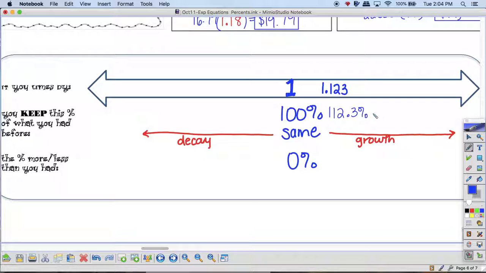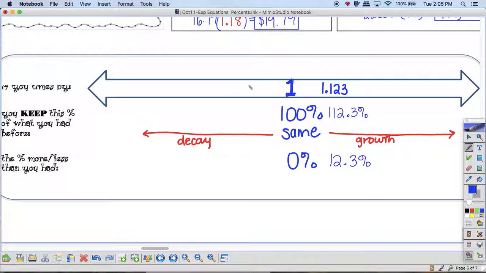How much extra do I have from 100%? I have 12.3% more than I had before. So multiplying by 1.123 is an extra 12.3% growth. So if you want 12.3% growth, you would multiply by 1.123.